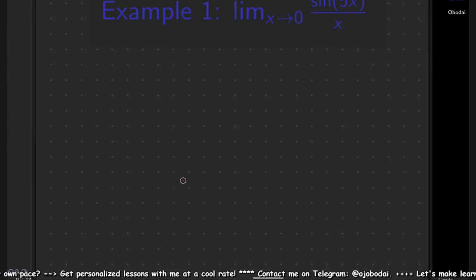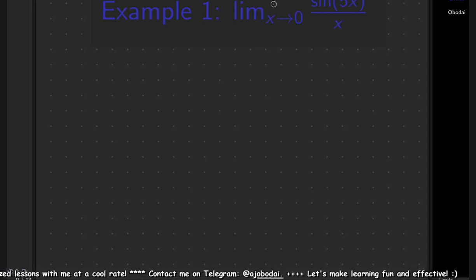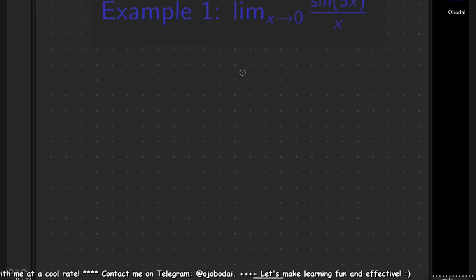Now that we have looked at the limit of some of the basic trigonometric functions, let's try and apply it to solve other complex ones. So this first one says we want the limit of sine 5x over x as x approaches 0.